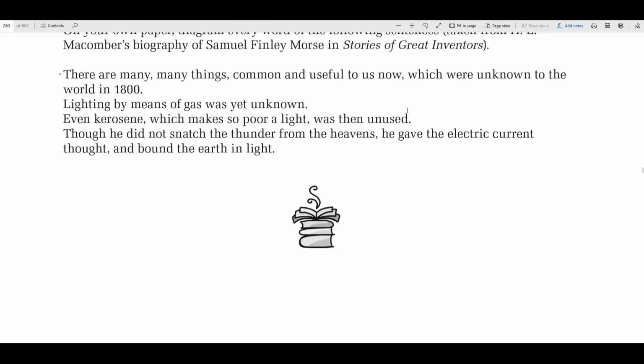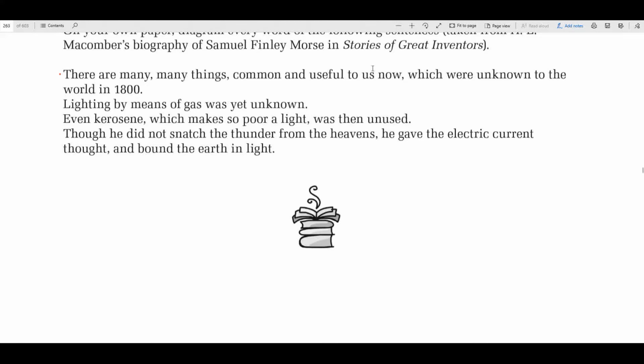Okay, so let us find, it's always hard to know what to start with. I always start with prepositional phrases and verbs. Okay, so to us now, I don't know that that is even a prepositional phrase. Now, I know to is a preposition. To us.